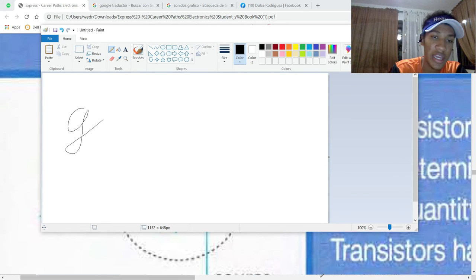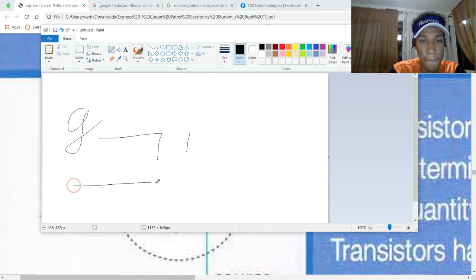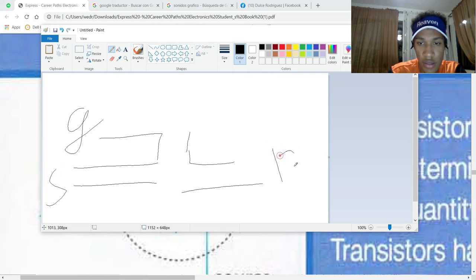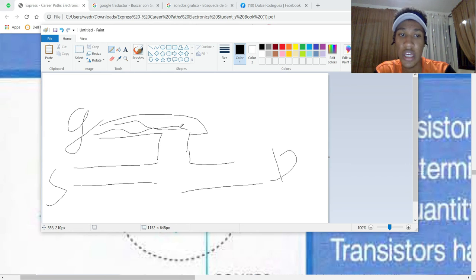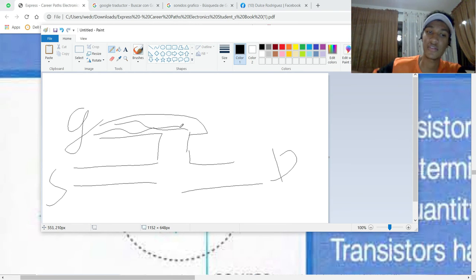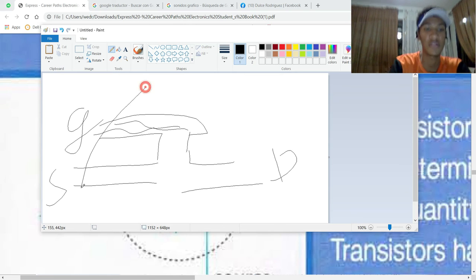With the gate, source and drain, you put voltage in the gate, so the gate is open, but you don't need to put continuous voltage. You put it once, and yeah.